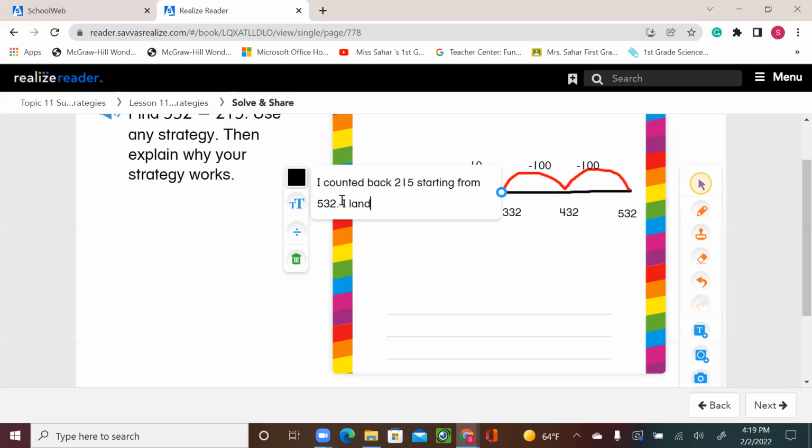And I landed on 317. So 532 minus 215 equals 317.